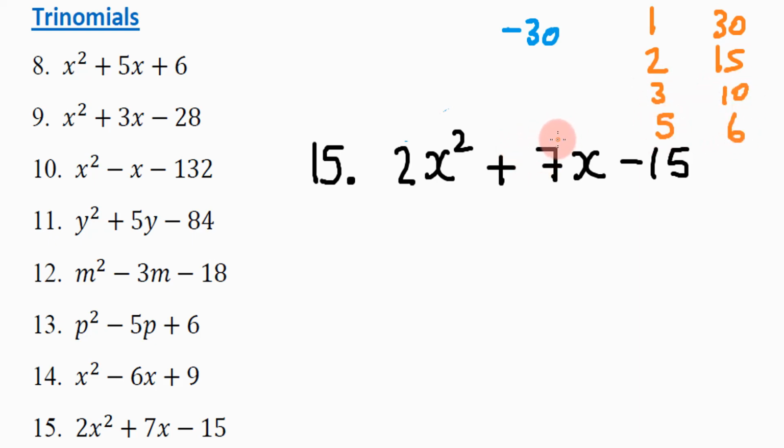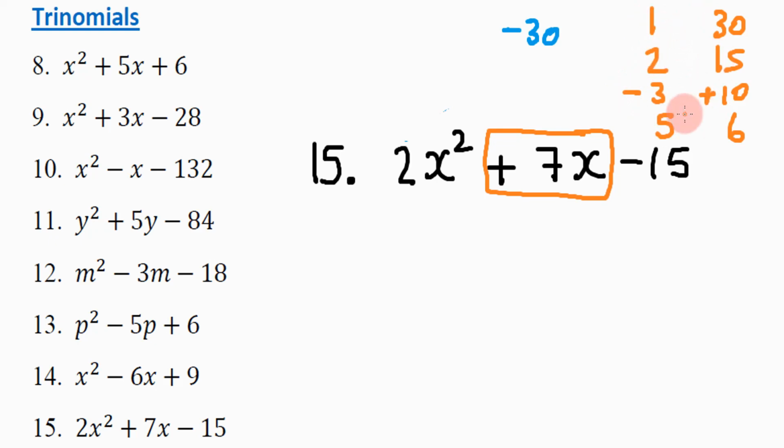We want to get a middle term of positive 7x. So which set of factors, when we add or subtract them, will give us positive 7? Of course, the answer is 3 and 10. So 3 times 10 will give us 30. And 3 and 10, when we add or subtract them, will give us 7, or positive 7 if the 10 is positive and the 3 is negative.